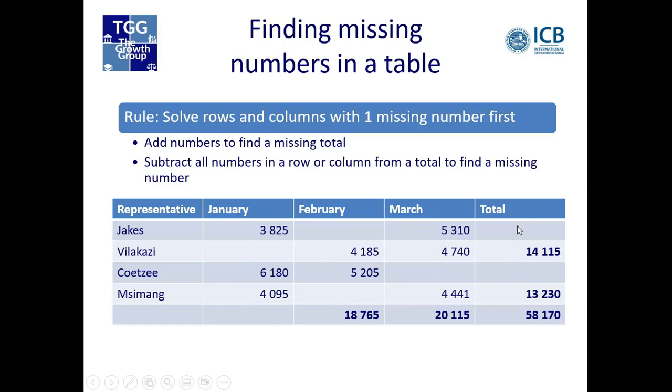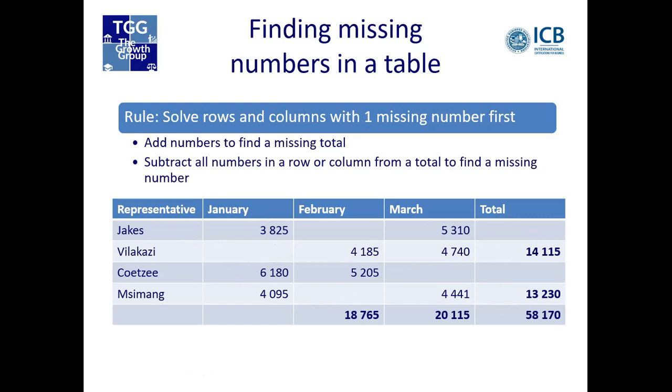Once again, in the totals, if we're only looking at the columns, then there are 2 missing numbers. If we look at the rows, now remember that one would be possible. We cannot complete row 1. We can do row 2. We cannot complete row 3, but once again, we can complete row 4.